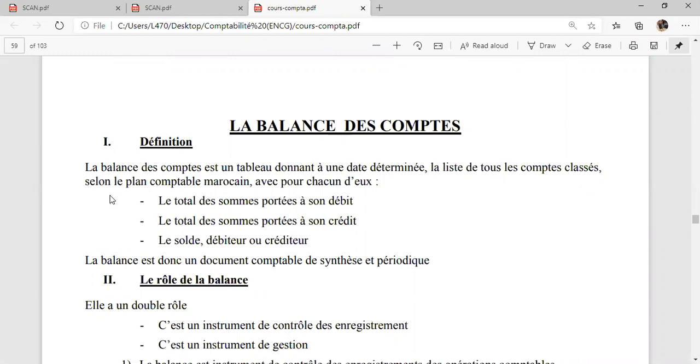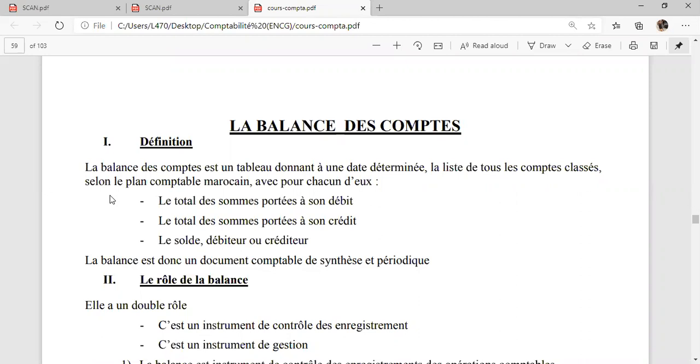So this La Balance is a book which comes right after you establish the grand-livre. And what happens is that, like I said before, when you are establishing a new book, you use the documents or rather the information from the previous one. So in this case, you are going to establish it with the information found in the grand-livre.